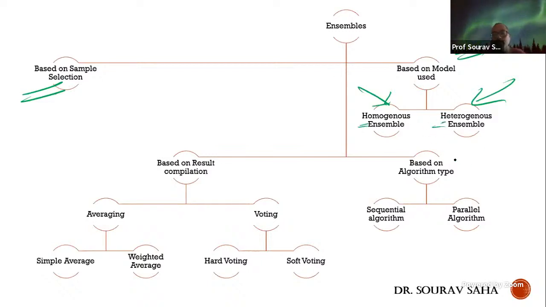Based on the algorithms used, they can be sequential or run in parallel. Different ensembles are also created based on how the results are compiled: are you averaging the results, or using some kind of voting? On that factor also, the ensemble can differ. And ensembling is more of a strategy than a model. It is a strategy you use to create a final model.